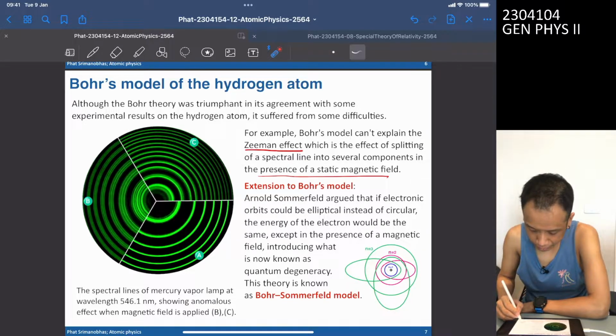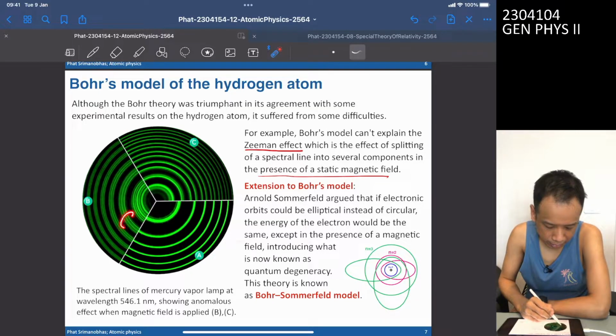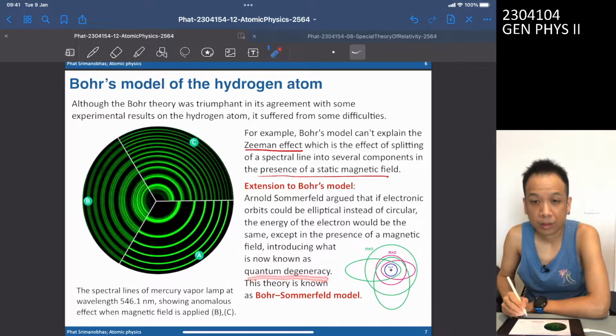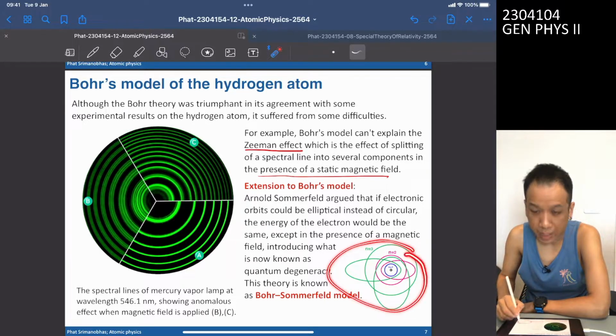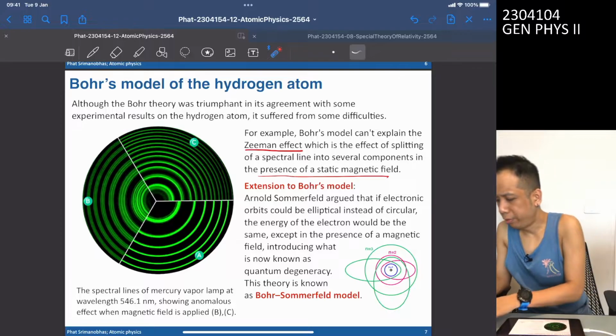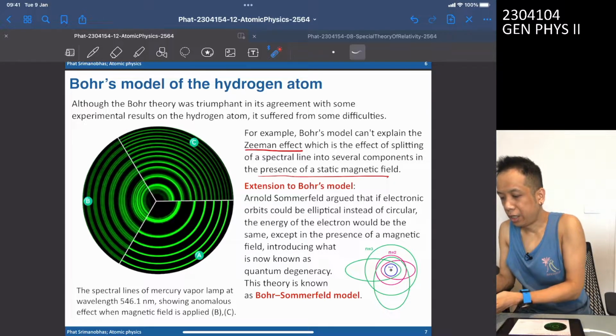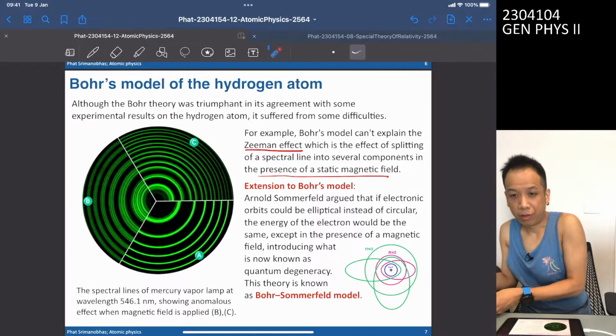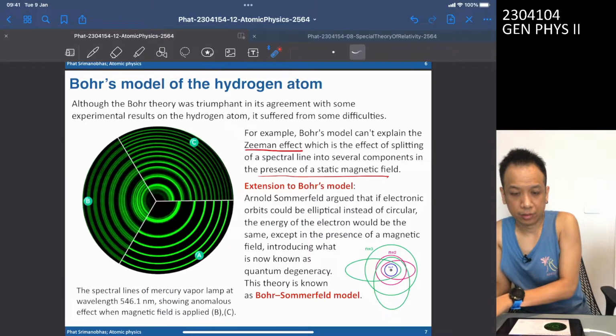These elliptical orbits give a different effect, and that can split the spectrum into different lines. This is known as quantum degeneracy. The key point is that these modifications can help to explain the Zeeman effect. We will not go into the detail, because we're going to use the newest model of the hydrogen atom that comes from quantum mechanics instead.